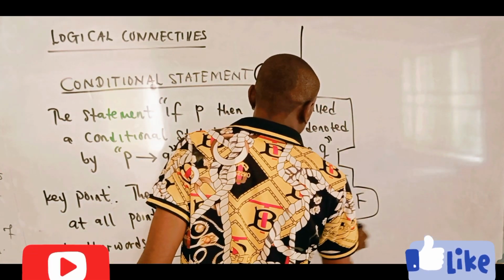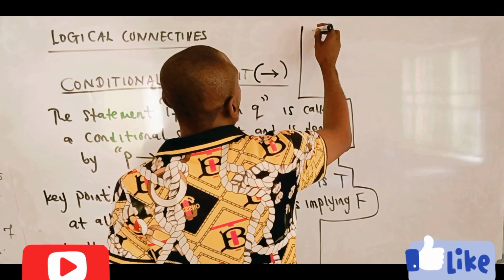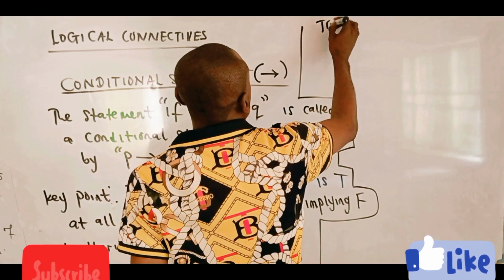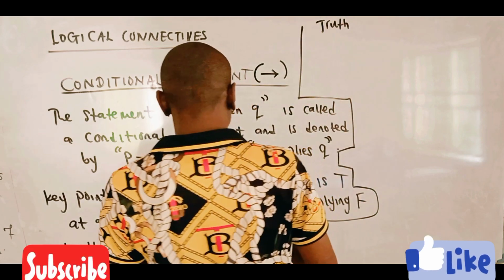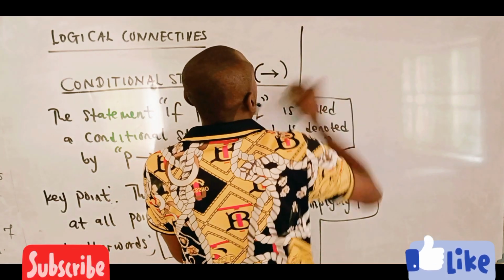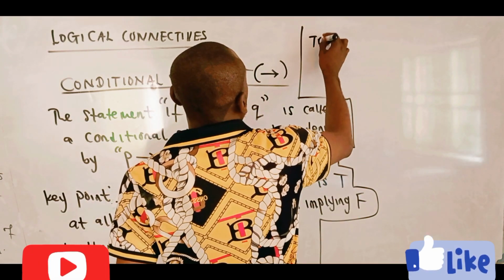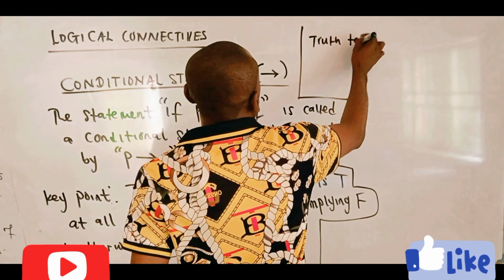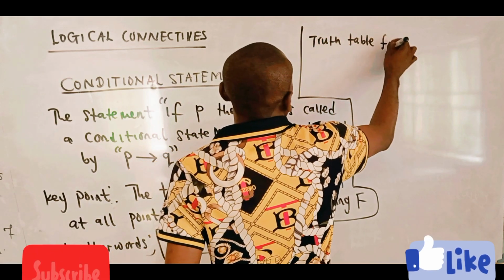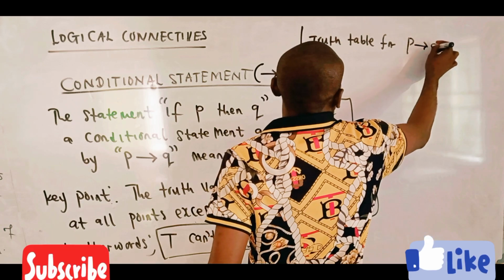Let's use a statement to draft something now. Let's say truth table for P implies Q.